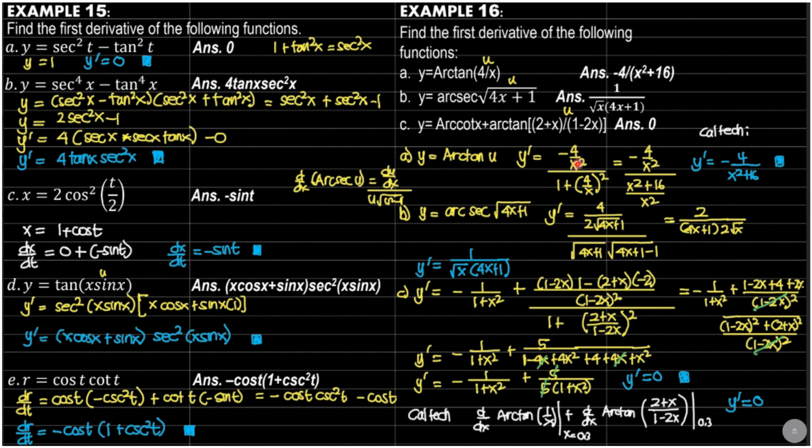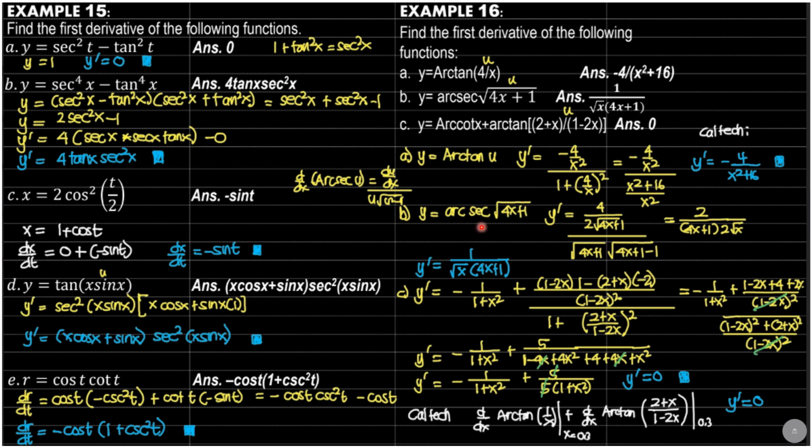Negative constant over x squared all over 1 plus u squared. So 1 plus quantity 4 over x squared. Simplifying, negative 4 over x squared over x squared plus 16 over x squared. Cancel out x squared. So the final answer y prime is negative 4 over x squared plus 16. So to remind you, if you cannot do it, then use the calculator technique.